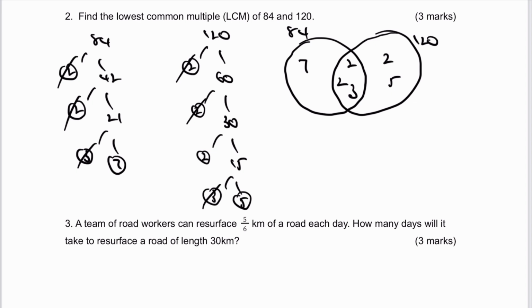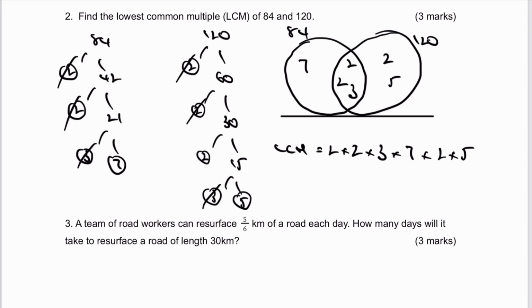So if I want to work out the LCM, or the lowest common multiple, it's basically the multiplication of all of those factors together. So LCM is going to equal the middle ones, which are actually the HCF, 2 times 2 times 3, and then the multiplication of 7, which is the one that's remaining in 84, and then also 2 and 5 for the ones that are remaining in 120.